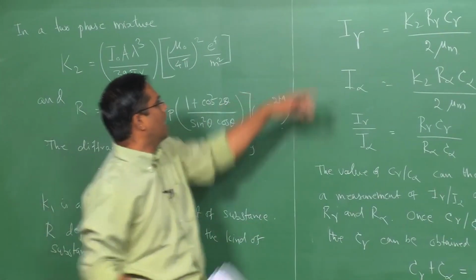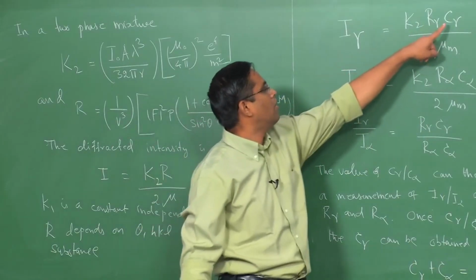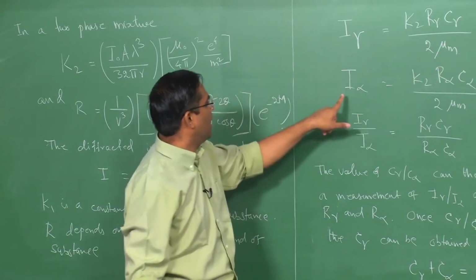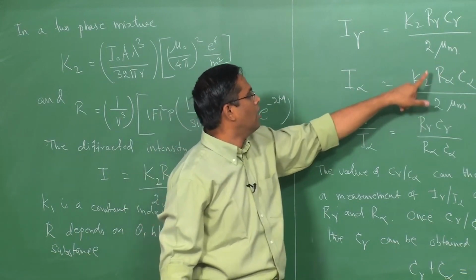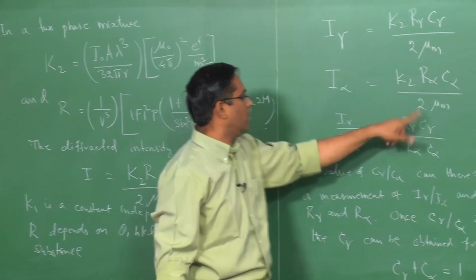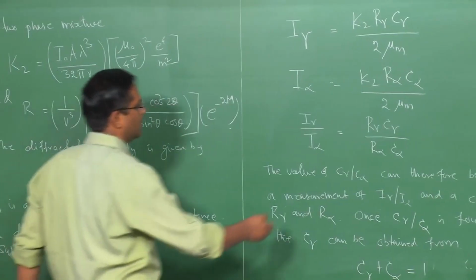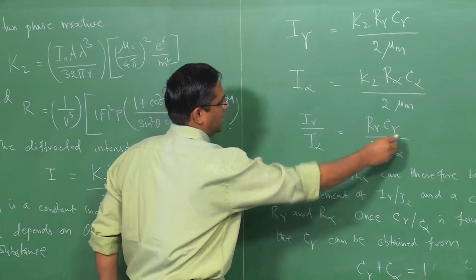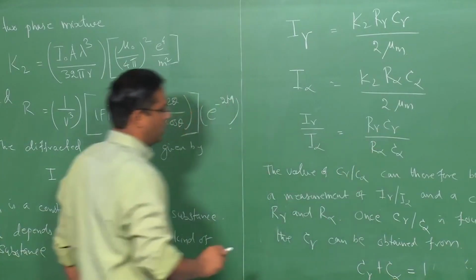In this case, I gamma is equal to K2 R gamma C gamma divided by 2 mu m, and I alpha is equal to K2 R alpha C alpha divided by 2 mu m. Take the ratio of this, which is R gamma C gamma by R alpha C alpha.